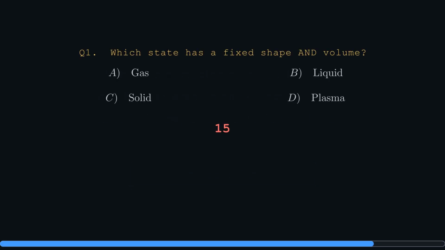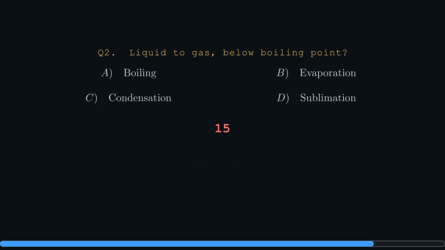Question 1. Which state of matter has a fixed shape and a fixed volume? The answer is C, solid. Question 2. What is it called when a liquid changes into a gas below its boiling point?